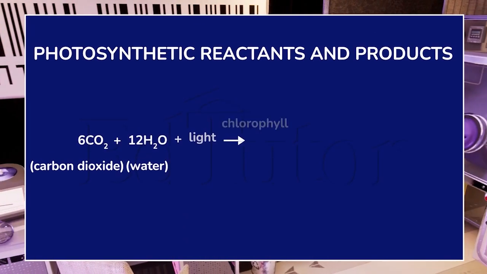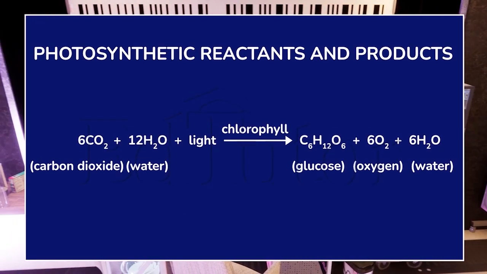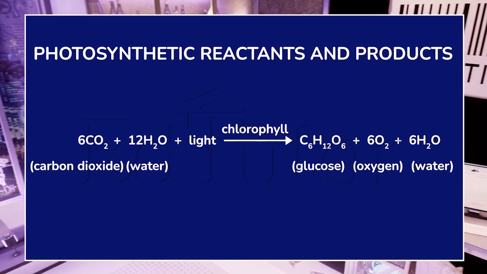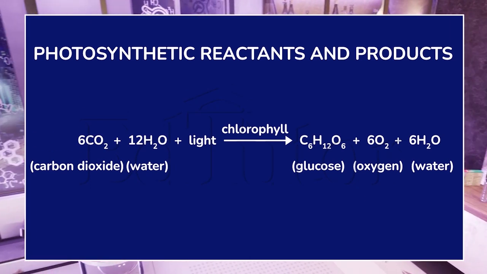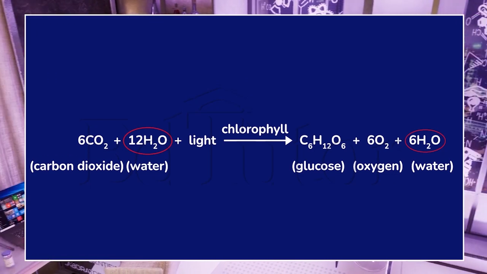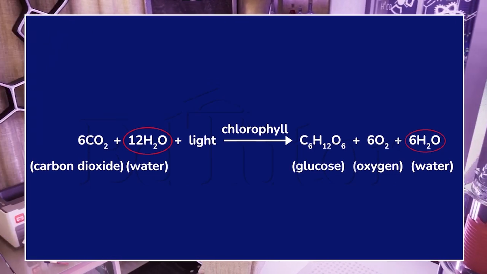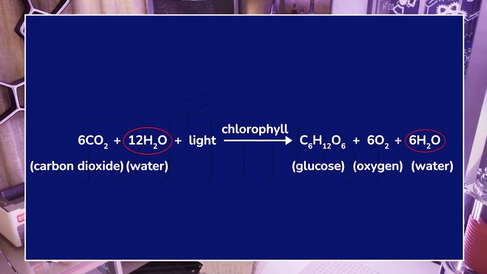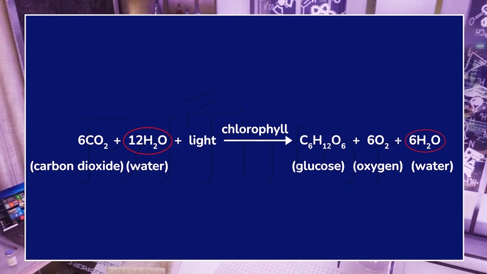We can understand this better with the equation that is being displayed on your screens right now. Do you notice something in the equation? Water is appearing on both sides, isn't it? That is because water is used as a reactant in most reactions and is released as a product in some others.